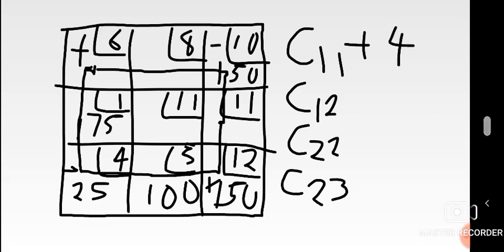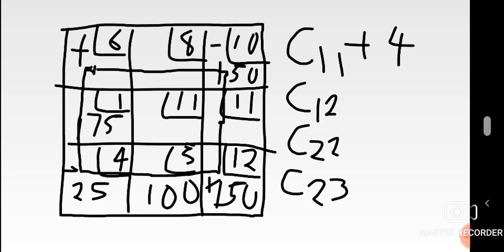Why we're getting these figures is that once we have listed all these possible values of these unallocated cells after drawing loops around all of them, the rule is that you should only stop this process when all positive values are found on these cells outside the box.